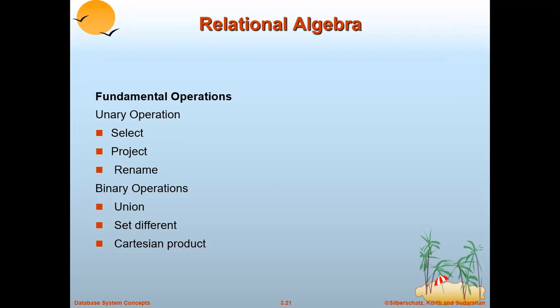Relational algebra unary operations include the select operation, project operation, and rename operation.